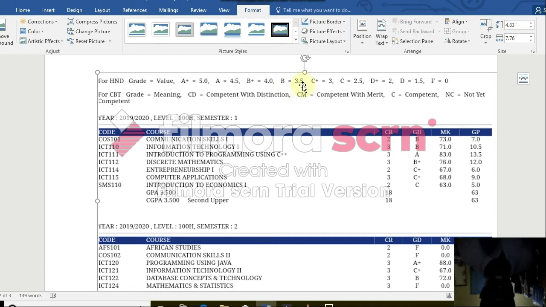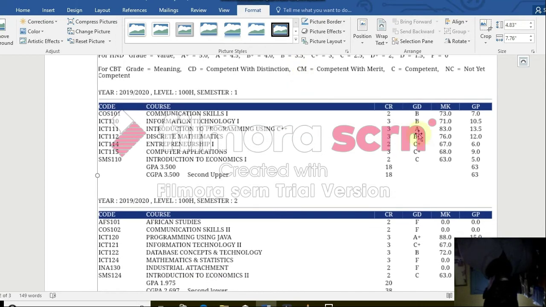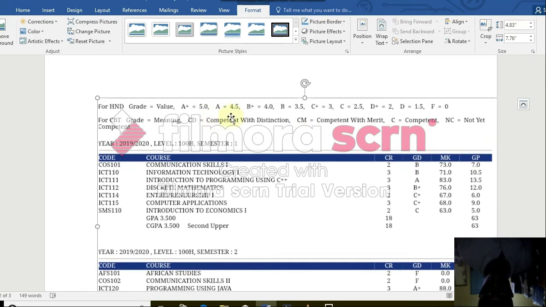The grade value of B is 3.5. The grade value of A is 4.5. The grade value for B plus is 4.0. The grade value for C plus is 3.